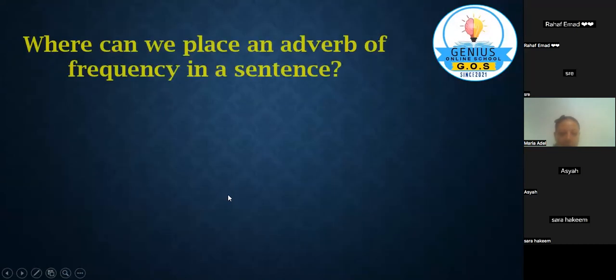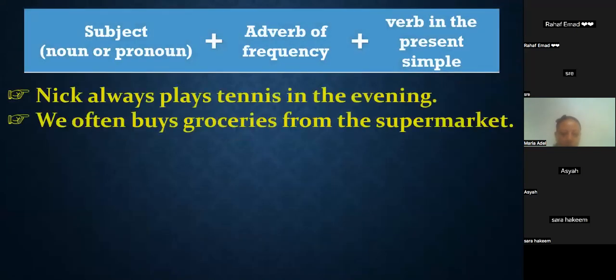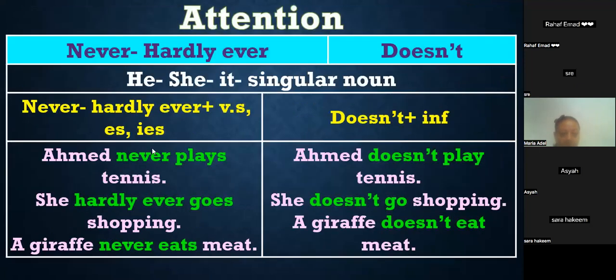Again, the important point you have to pay attention to is that when we make the negative form in the present simple with he, she or it, if you make it with hardly ever or never, the verb stays with the s, es and ies. But as we said yesterday, if we make the negative with doesn't, the verb comes in the infinitive form.